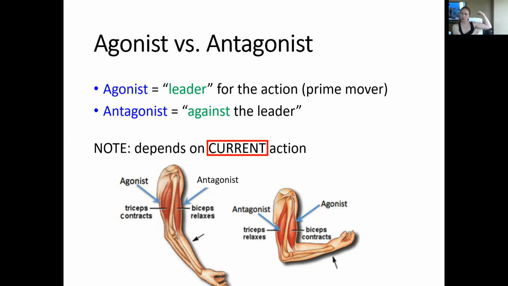And then what about when you're extending the arm? What does the majority of the work? So the triceps brachii is the agonist now, and the one that would be opposing it is the biceps brachii.